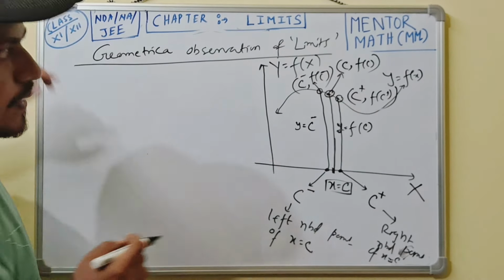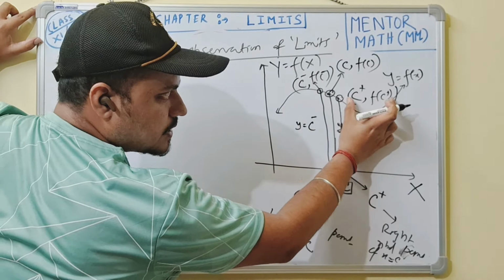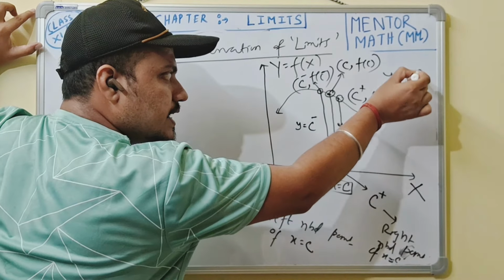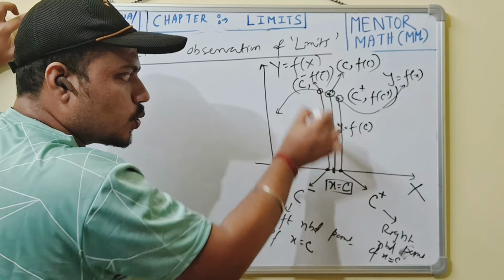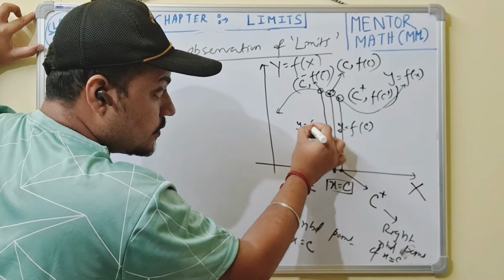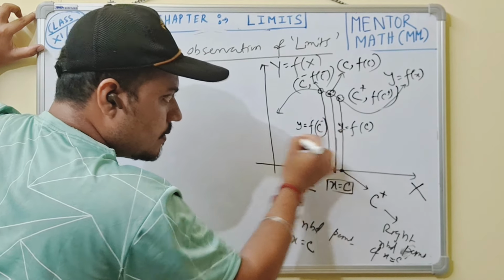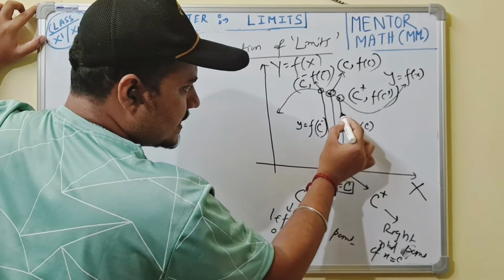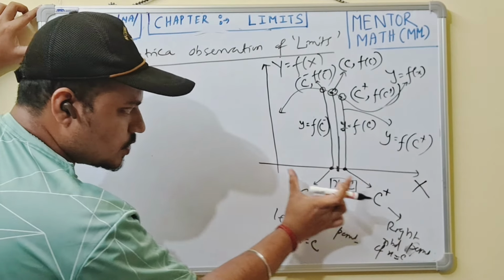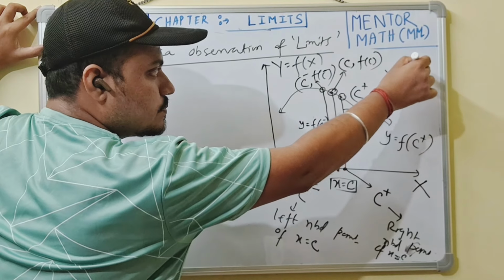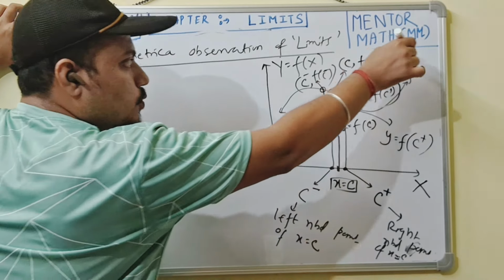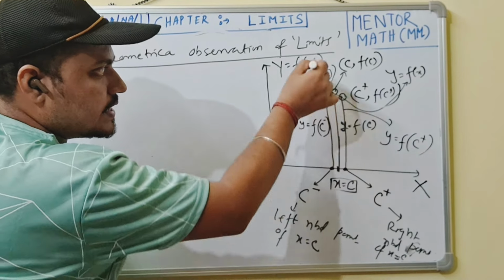So this coordinate is c plus comma f of c plus, and this coordinate is c minus comma f of c minus, because if I substitute x replaced by c minus, you get your y value, which you can write as f of c minus. And in that situation this distance you can write y equal to f of c plus, because x is c plus. Put x as c plus. Similarly here, if you put c minus, you get y equal to f of c minus.